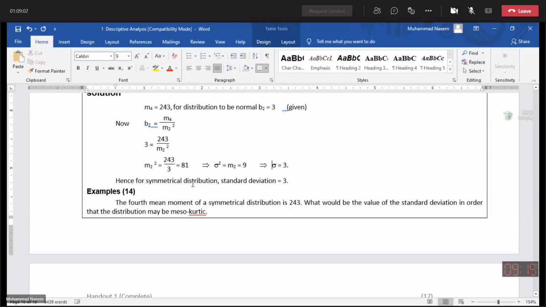Hence, for a symmetrical distribution, the standard deviation must be equal to 3 for the distribution to be normal. Already it is symmetrical, but for normality, the standard deviation must be equal to 3.